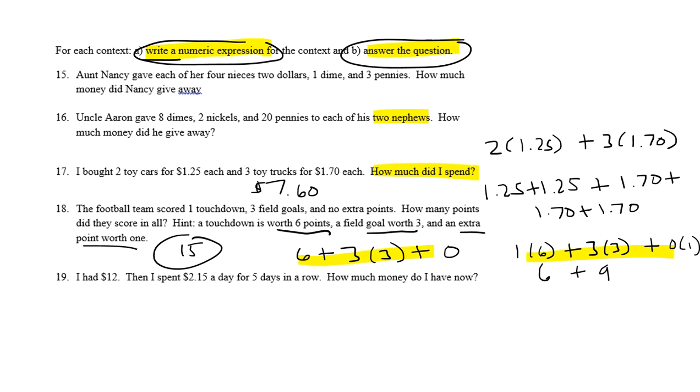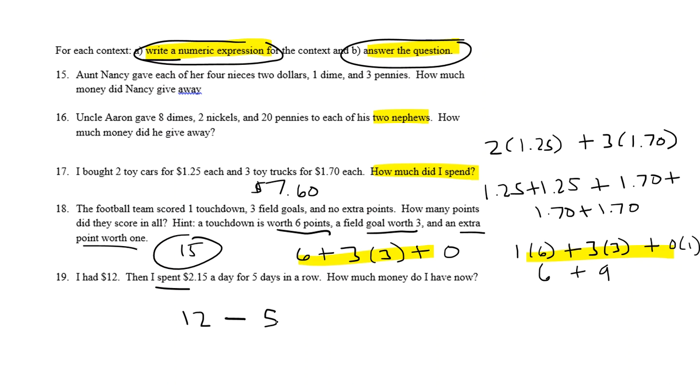Okay, so on this next one, it says I had $12, then I spent $2.15 a day for 5 days in a row. How much money do I have now? Okay, so one way you could write the math for this would be starting off with 12, and then if you're spending $2.15 a day, that means you're going to subtract that from what you started with.